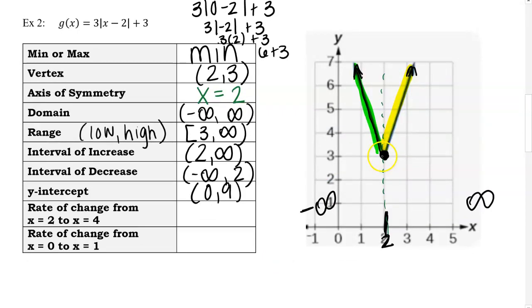Rate of change, the slope between 2 and 4. So I would go up 3 and over 1. So my change in y is 3, my change in x is 1.